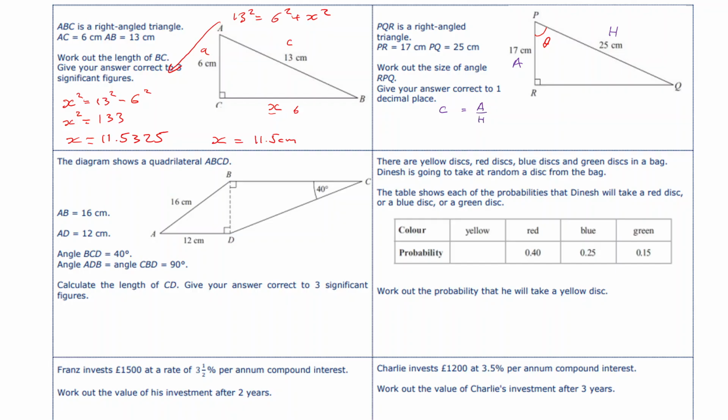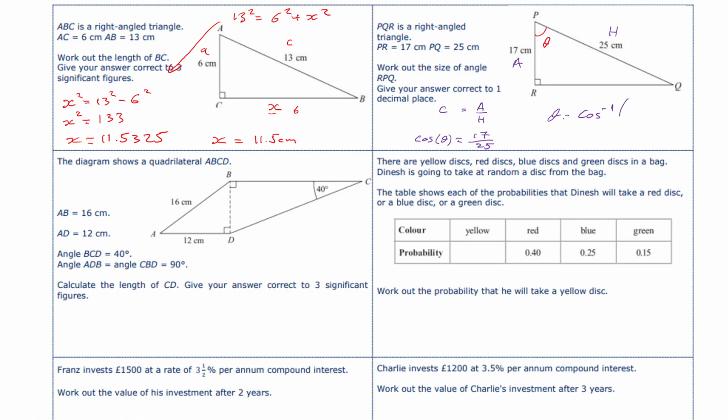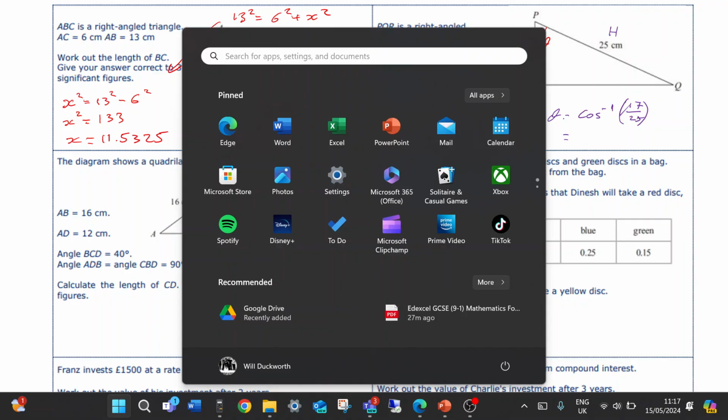So that means that cos of the angle is going to be equal to the adjacent side divided by the hypotenuse. And I would type this into my calculator. Well, I'll do cos to the minus 1 because we want the inverse to find the angle, and then I would type it in as it appeared, 17 over 25. So that's the point that I will go to my calculator.